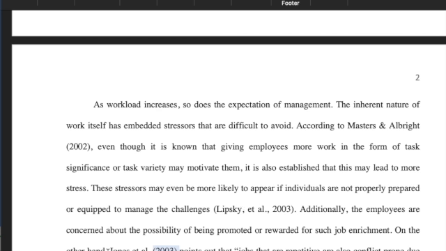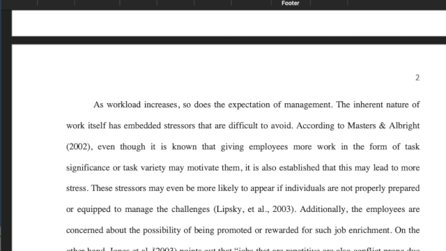Because we're mentioning the name of the author and then giving the information, we only put the date in parentheses like we did here in the first example, right? So the only difference between this example here, 2002 with Masters and Albright, versus this one is because you have et al. Okay? Now, because you have the parentheses right after, you do not need the comma after al. You only need the period.